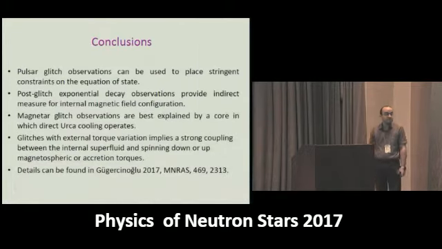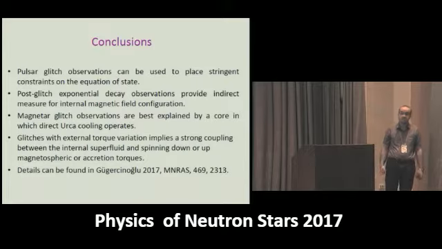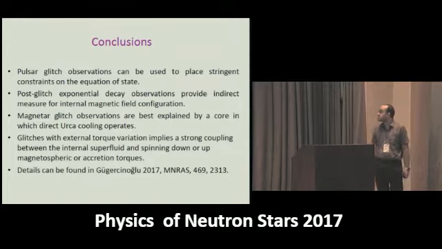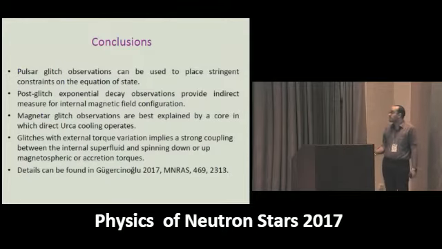So pulsar glitch post-glitch relaxation can be used to constrain the equation of state of neutron star matter, which has not been done in the literature before. Also, pulsar glitch observations can be used to constrain the internal magnetic field configuration.